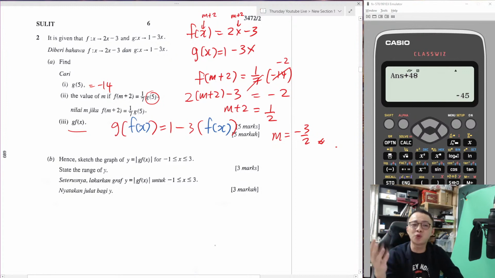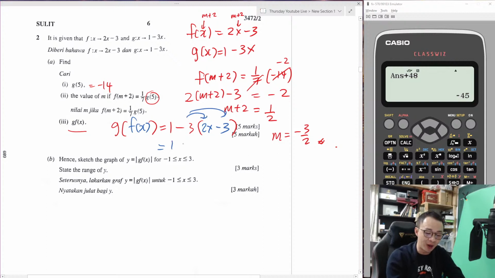My f(x) is 2x minus 3, isn't it? So I erase the f(x) here, change to 2x minus 3. Alright, I'm almost done after I multiply negative 3 into both. So it will be 1 minus 6x plus 9, so it will be 10 minus 6x. Therefore, my gf(x) is 10 minus 6x.